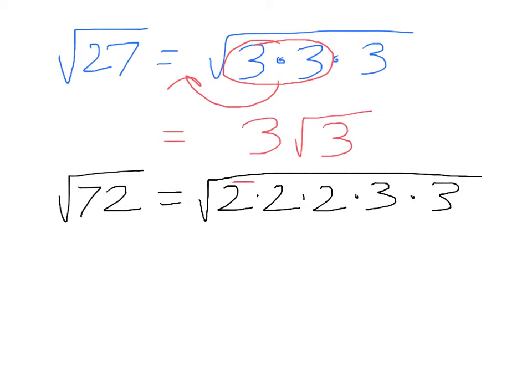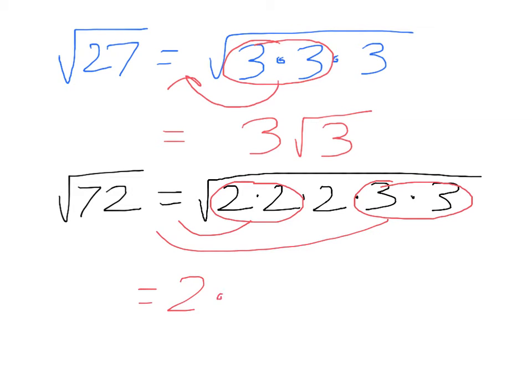I notice that there's a pair of 2's and a pair of 3's. So I can pull those out of my square root, and what I get is 2 times 3 root 2, or 6 root 2.